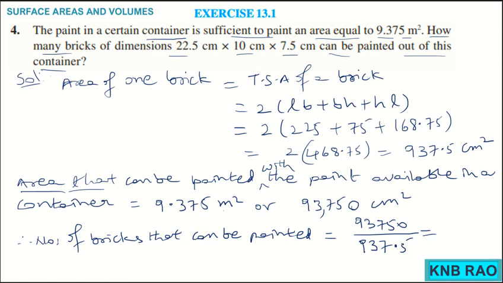If you are multiplying the denominator, you have to multiply the numerator also. So, that gives one more 0. So, it becomes 9,37,500 by 9,375, which gives you 100. So, therefore, we can paint 100 bricks. You know how to simplify, children? Do it carefully. That calculation is very important. So, we will write the conclusion. Therefore, the number of bricks that can be painted out of the paint available in one container is 100 bricks. Now, moving on to the next question.